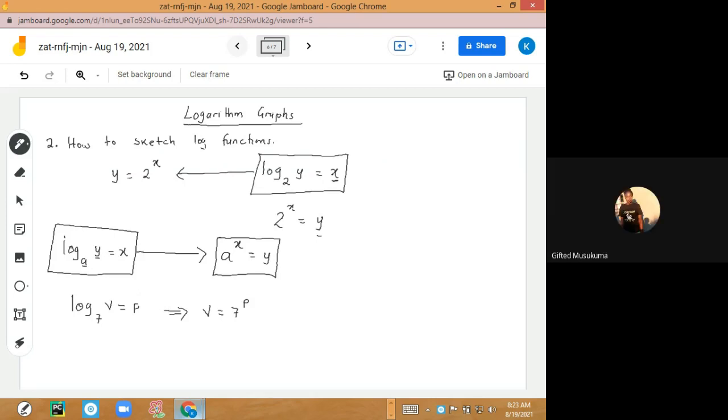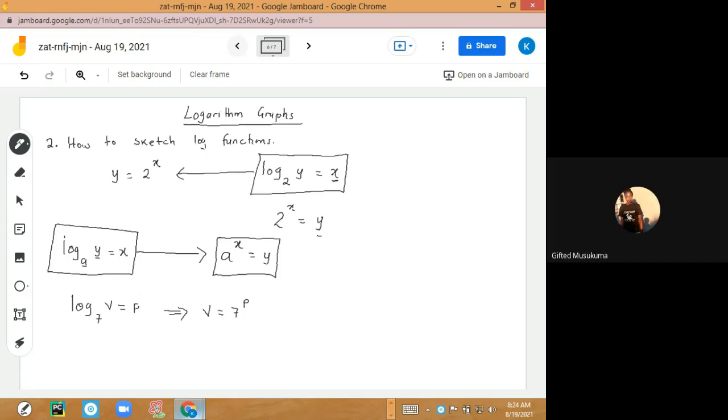Okay, so I suspend that one. For now, let's just look at how we can move from log to exponential so that you're able to sketch them. And then we'll get back to the properties of logs and exponentials, and then we'll move to equations. Then the topic will be done.